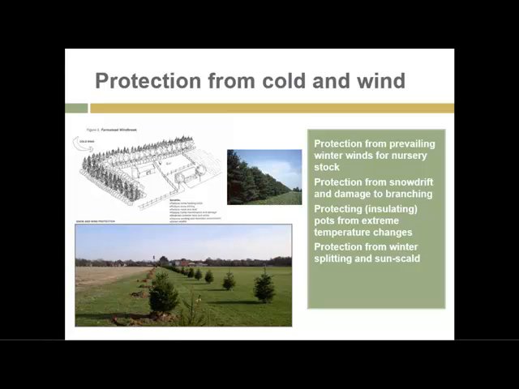Winter splitting occurs when, on nice, warm, beautiful winter days, the temperature and the sunlight heats up the plant's stems or trunks, and then a sudden cold snap can come in and freeze the sap that started to move around the plant and just split the plant wide open or even break it off. And so protection for those conditions is something that is required, particularly in the upper Midwest where we're located.